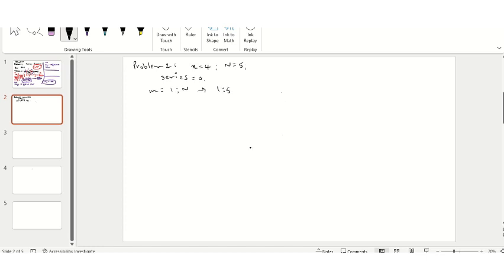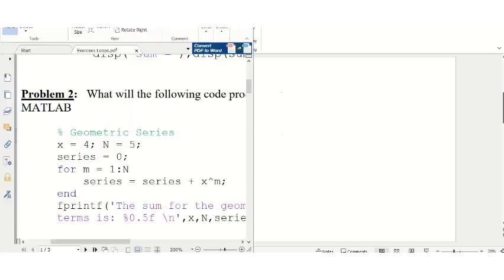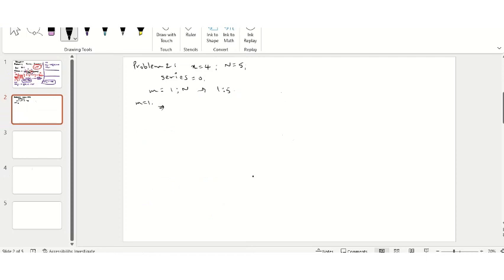So when m is equal to 1 in the first loop, what do you have to write? Series is equal to series plus x to the power of m. So then what is the value of series 1?